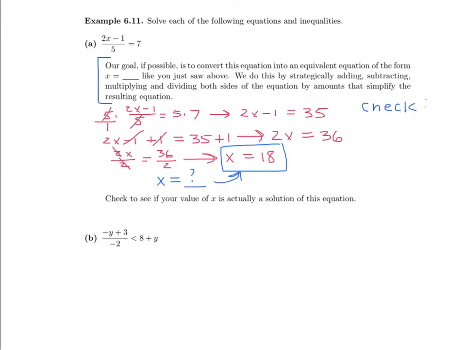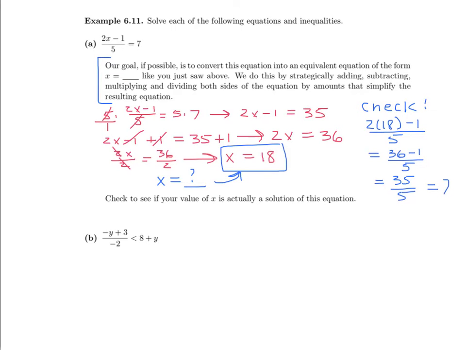I'm going to take 18 and substitute it in for x, and let's see if we get 7. 2 times 18 is 36. So 36 minus 1 divided by 5. 36 minus 1 is 35. Divided by 5 gives us 7. So it does check out. We were supposed to get 7.